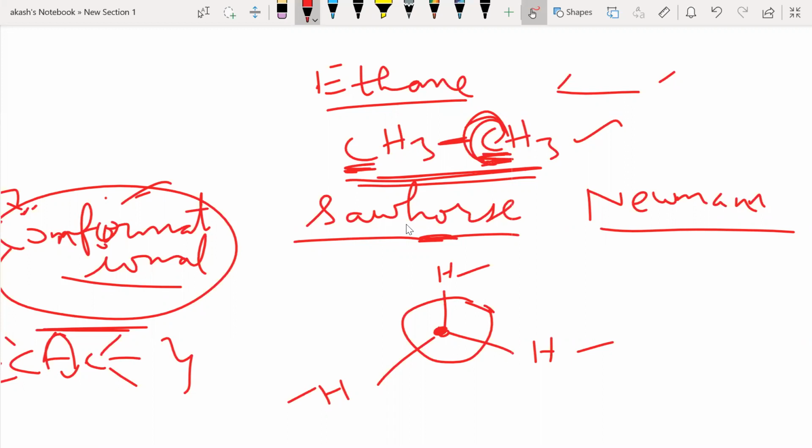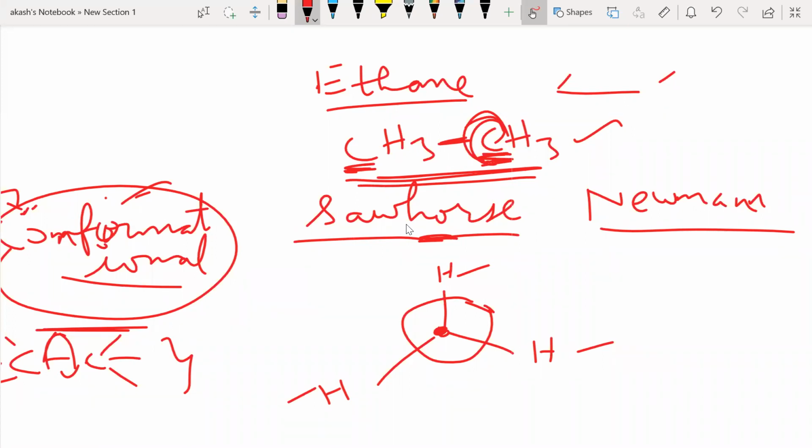Assume that I'm going to start at a position where all the six hydrogen atoms are in the same line. I just started there for my reference point. I can start anywhere, right? So I'm going to start putting the hydrogen atoms in a place where all the six hydrogen atoms are going to be in the same line.